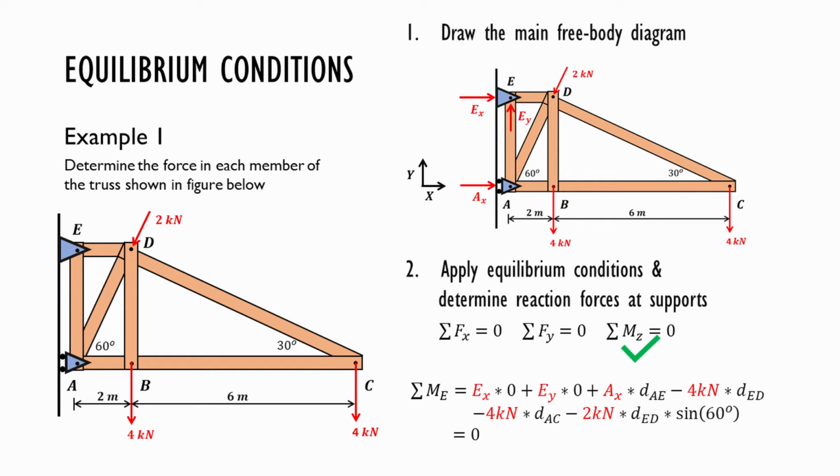The sum of the moments about E is equal to Ex times 0 plus Ey times 0 plus Ax times dAE minus 4 kilonewton times dED minus 4 kilonewton times dAC minus 2 kilonewton times dED times sine 60 degrees equals 0. Now we have to calculate the distances.